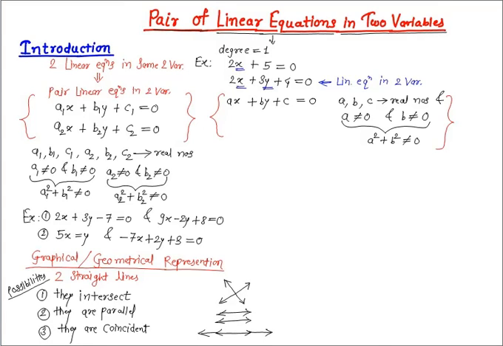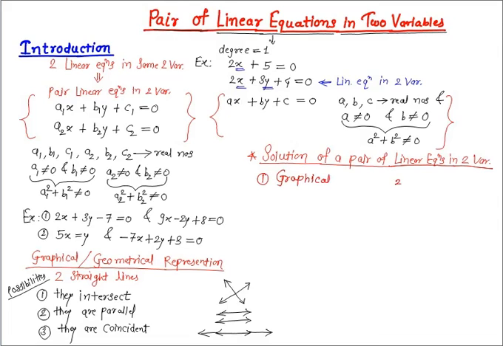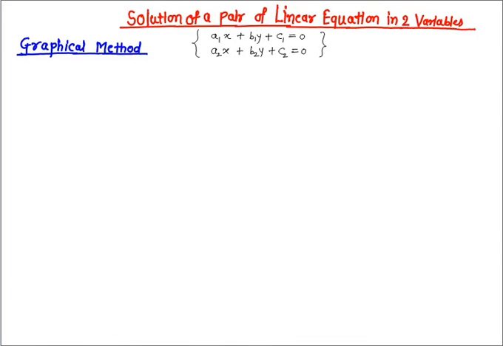Now let us understand how to find the solution of a pair of linear equations in two variables. There are two methods: the first is the graphical method and the second is the algebraic method. Let's first understand the graphical method for finding the solution of a pair of linear equations in two variables. For this, we have three conditions.